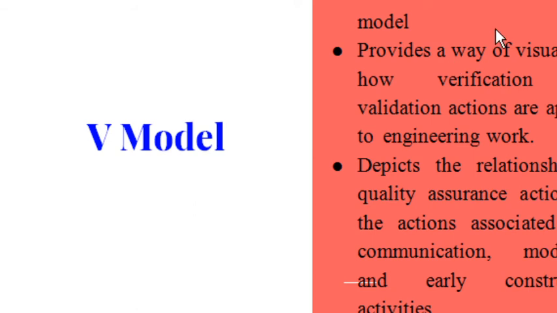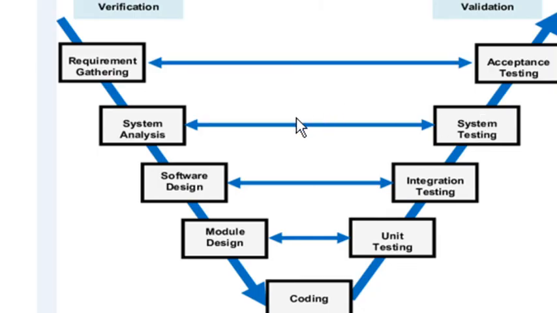Next, we shall see what is the V model. The V model stands for the variant of the waterfall model. It provides a way to visualize how verification and validation actions are applied. Here it is described in this diagram. You could see on the left hand side we have the phases used for the product development: requirement gathering, system analysis, software design, module design, and all these things are implemented by writing code.